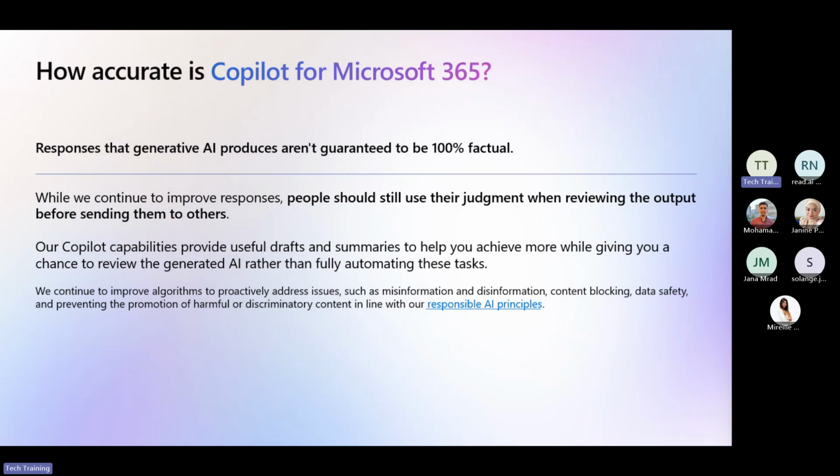And let's be very clear. As you can see, the first line states that responses that generative AI produces aren't guaranteed to be 100% factual. It doesn't mean that they are not factual, but they are not 100% factual.